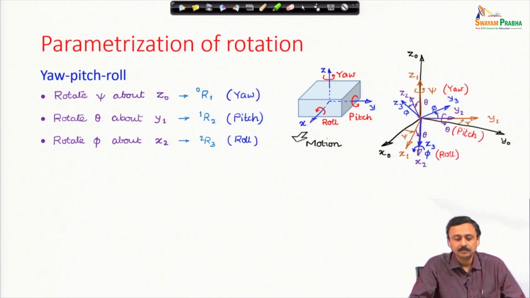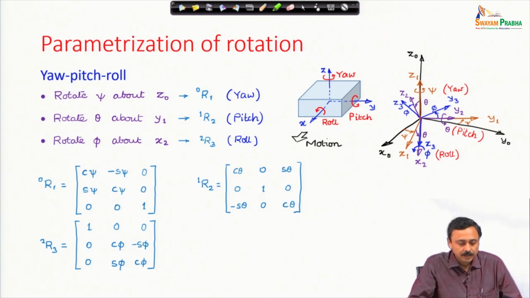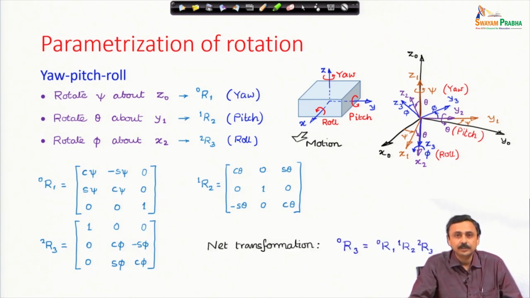These rotations are yaw, pitch and roll. Here they are shown finally. These are the matrices, and we have actually looked at the product. We have already seen this product, you can check this.